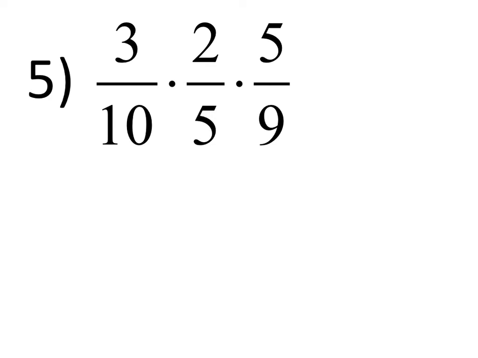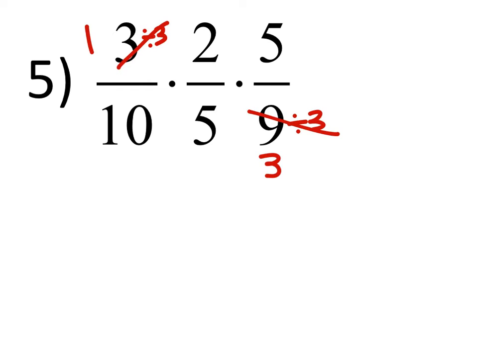So, for example, I've got this 3 here and that 9. I know those are divisible by 3. So I could do that. 3 divided by 3 is 1, and 9 divided by 3 is 3. So this now becomes a 1 and a 3. See how I simplified that right there?